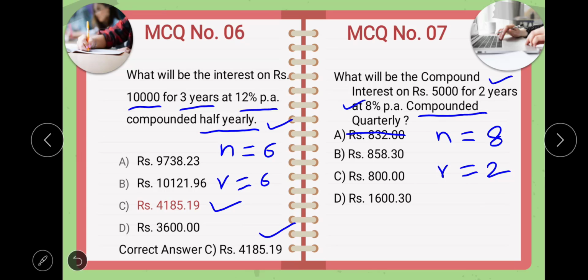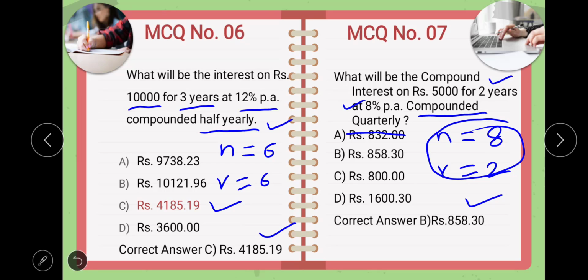So in the bracket, it will be 1 plus R upon 100 bracket raised to N. It means 1.02 bracket raised to 8. So use these figures in the formula of compound interest and calculate it. So it will give you the answer. So what is the answer?